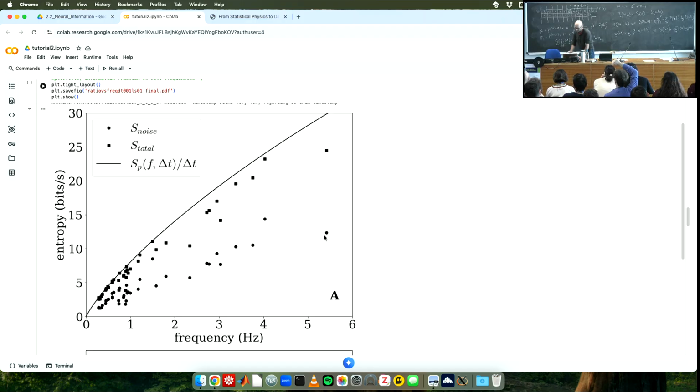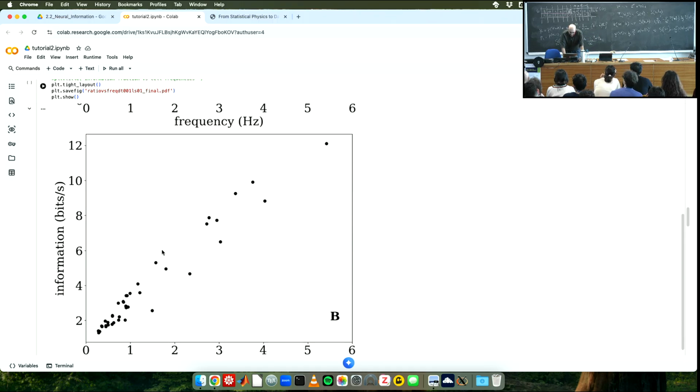The circles are the noise entropy, which tells you again how much variability you have at a given time, okay? So the difference between these two is the mutual information, and it is found that it's about half the total entropy. So it's linear in the frequency, so the more frequently you spike, the more you carry information in the same time, which is kind of obvious.